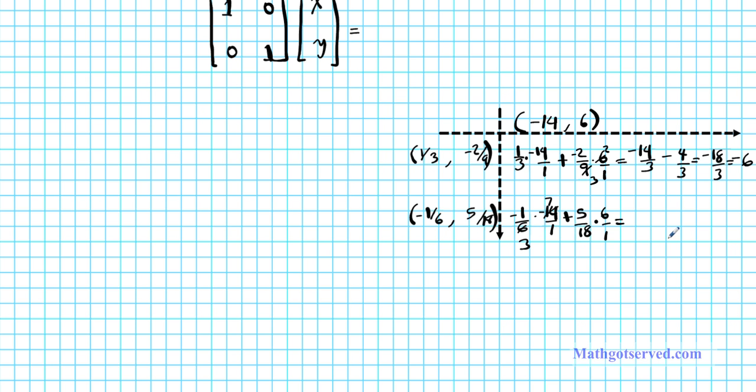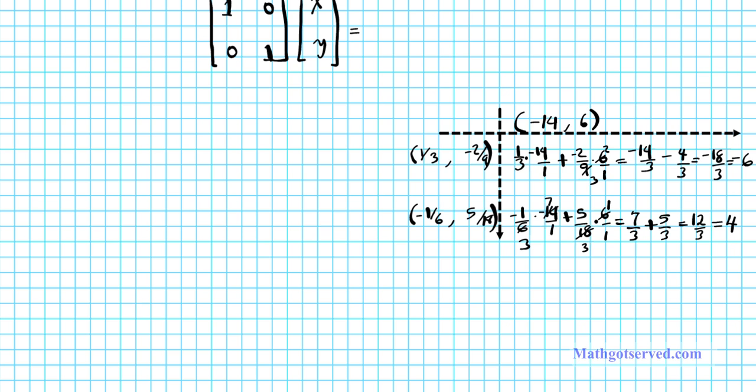So if we multiply them, we have 7/3, because minus times minus is a plus, 7/3. And then over here, 6 goes here once, 6 goes here 3 times. So plus 5/3. So 7 plus 5, that's 12/3, and that's 4.